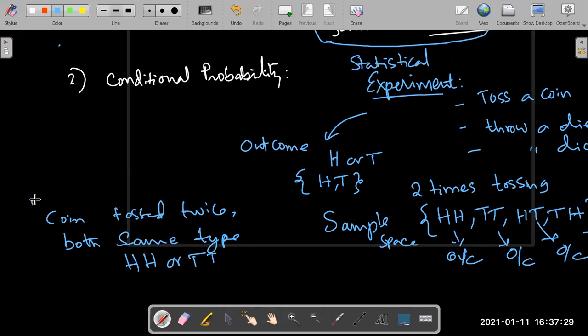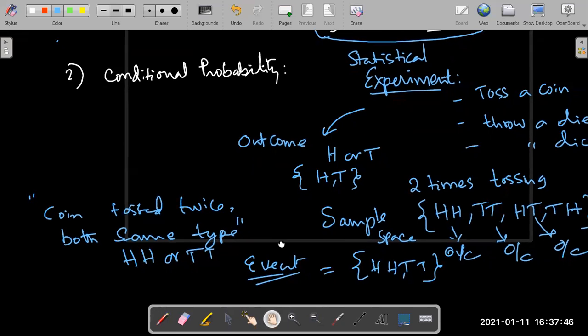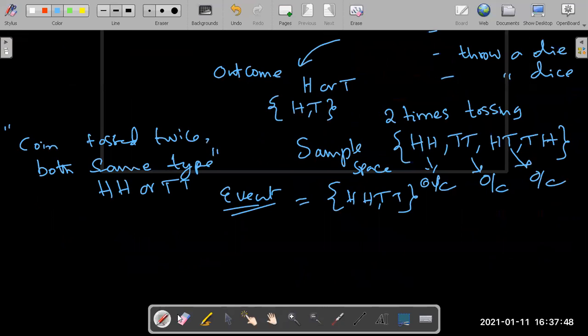So this is what I call my event, because this is a favorable thing. Even though I got 4 outcomes, the event is both coming as the same thing. So the event space becomes either HH, TT. This is an event.